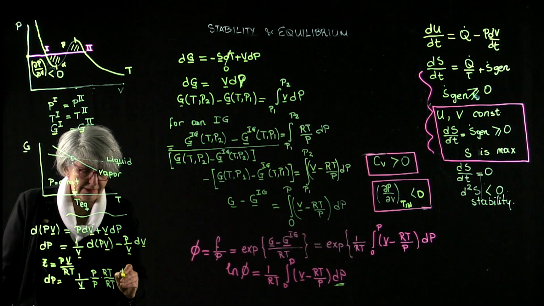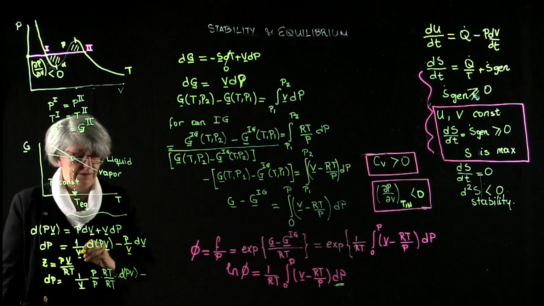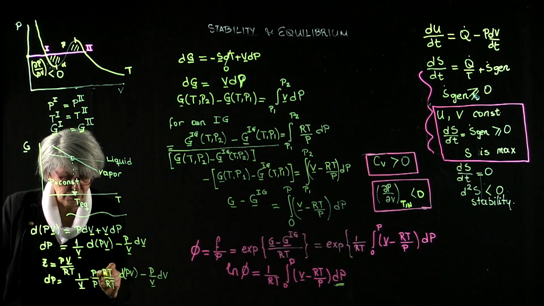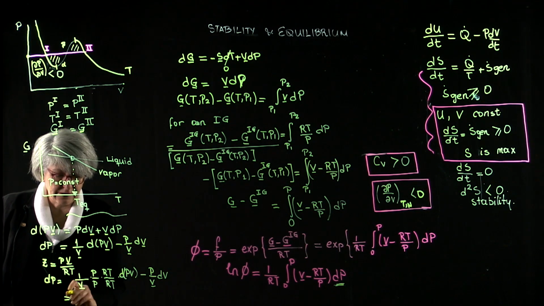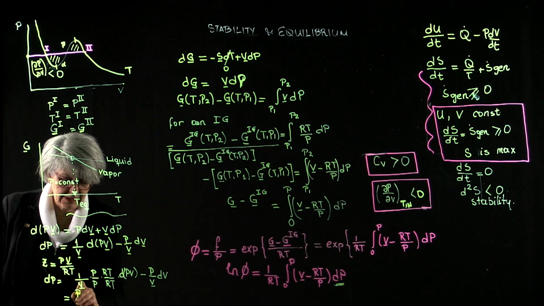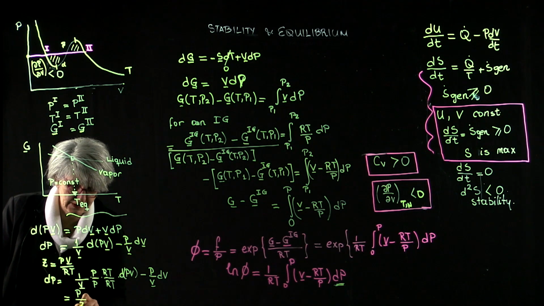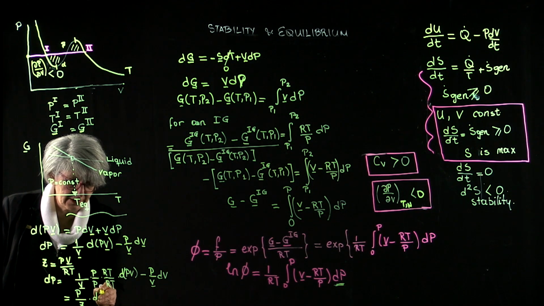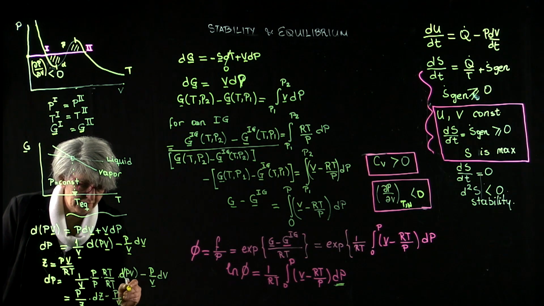And I have d(PV) minus P over V dV. So I can have an integrand of PV over RT, P over Z, d(PV over RT) times dZ, minus P over V dV.